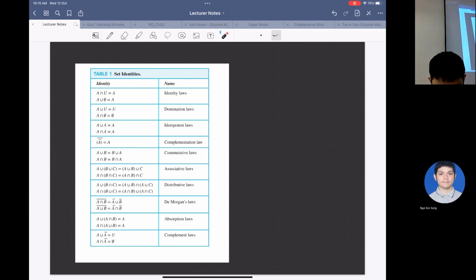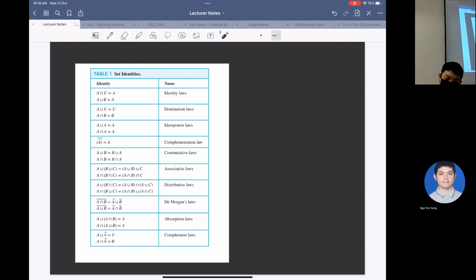So we have the identity law and domination law. Remember the false and the true thing. Idempotence law: if you do it twice, you get back yourself. And then this one is like the double negation law, right? Commutativity, associativity, distributivity, and then De Morgan's law, which we just saw.